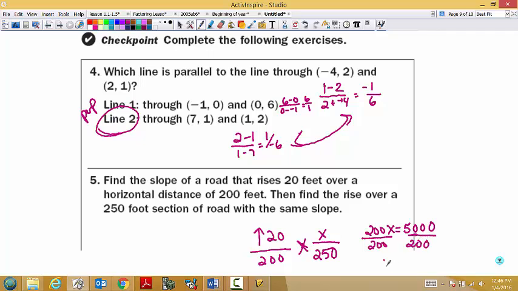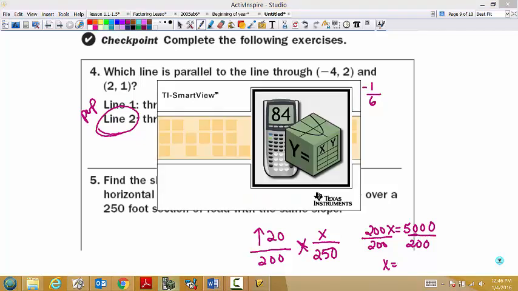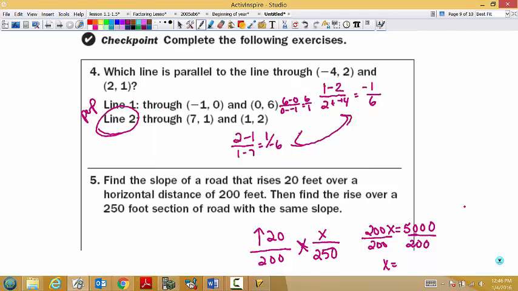And I do use my calculator, just not often. Not right now. I don't know how many times that goes. 5,000 divided by 200. 25 times.